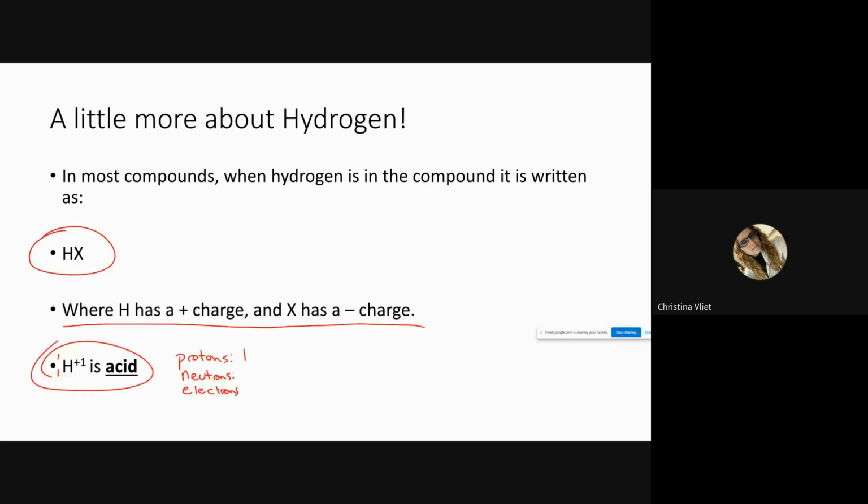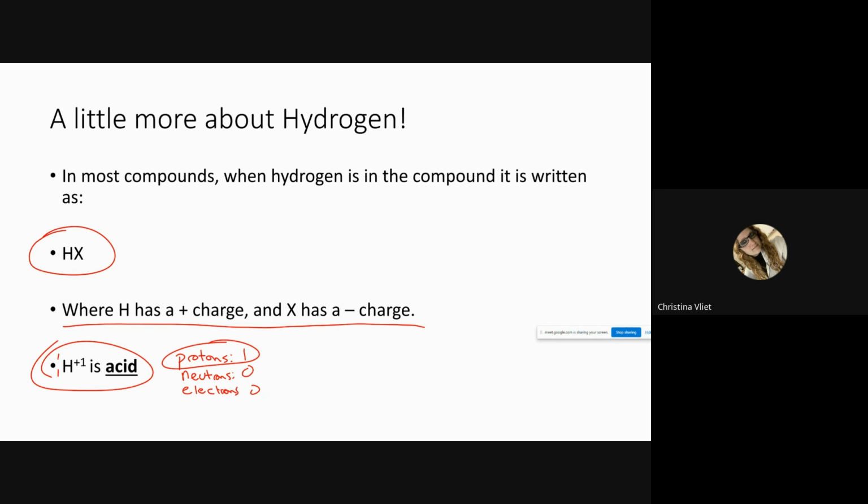And then you do 1 minus 1 to get the neutrons, because the mass number is the combination of your protons and neutrons. So you have no neutrons, and 0 electrons because the one has been taken away. Literally, an acid is a single rogue proton running around and causing havoc, to be honest. That's what an acid is, a single rogue proton.